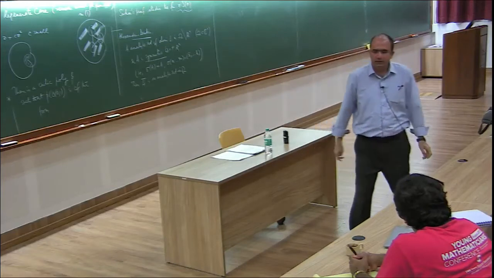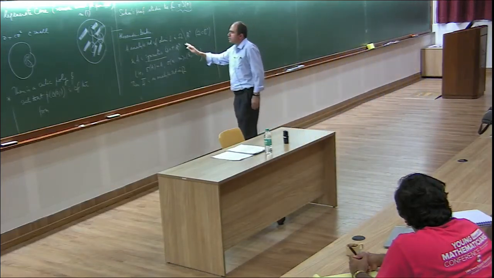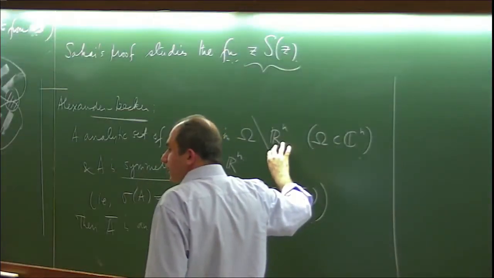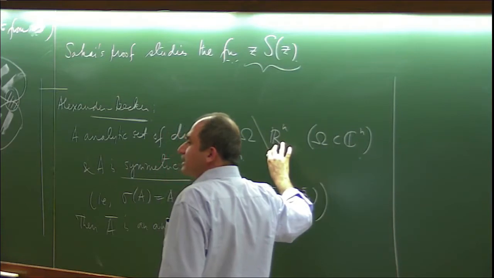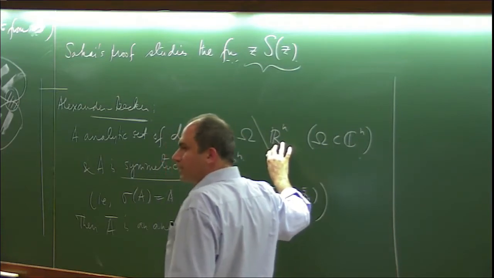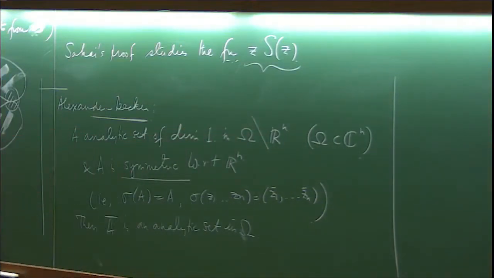Yeah? Now, you want to understand A near R^n, near a point in R^n. A priori, we don't know that A is analytic near R^n. So I have to come up with a suitable projection which will exhibit A as a branched covering.